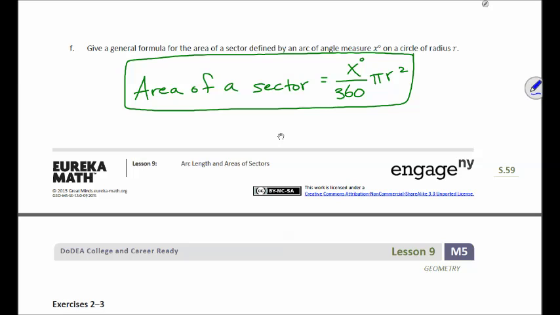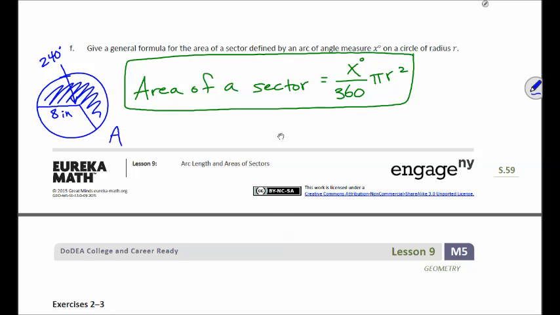All right, let me give you one more example of that. Let's say I have a circle. I want some more space. So here's a circle right here. This is an example, and let's say the angle is this right here, which has an angle measure of 240 degrees. And the radius is, let's say, 8 inches. Then what is the area of this sector?